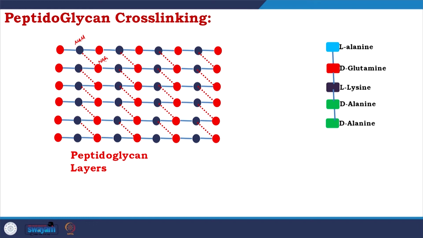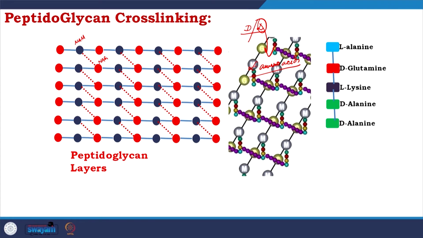I talked about that the amino acids could be D or L, and they are normally the L amino acids. And when they cross link, it looks like this cross-linked network gives very good stability to the cell wall.